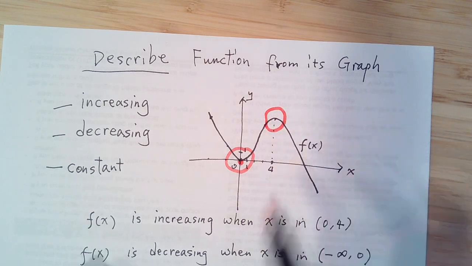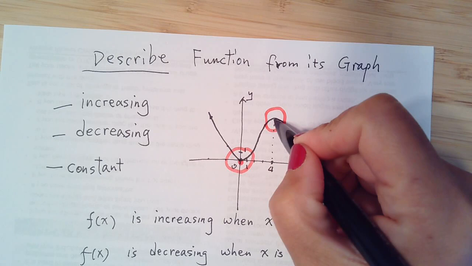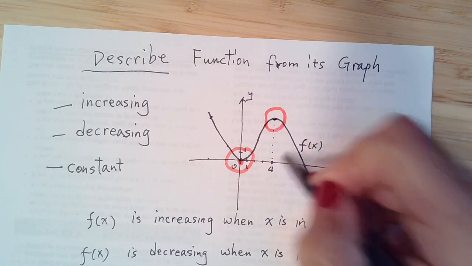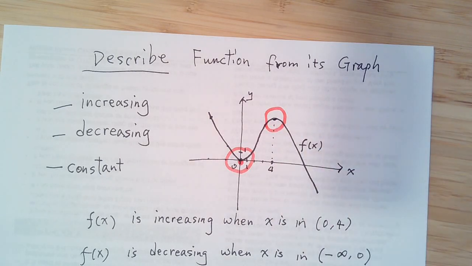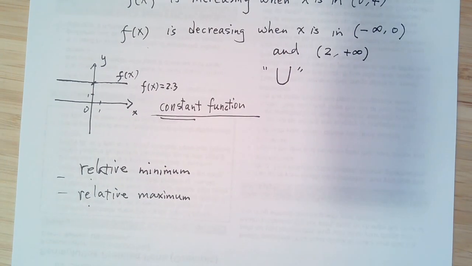And this is my relative maximum. So f of x will reach its relative maximum when x equals 4. So that's the general idea, okay? That's another concept.